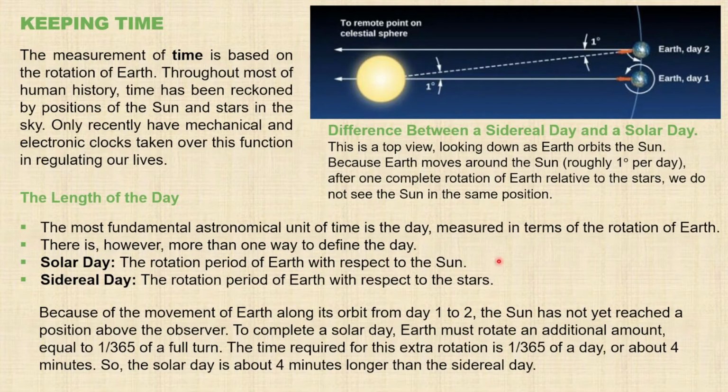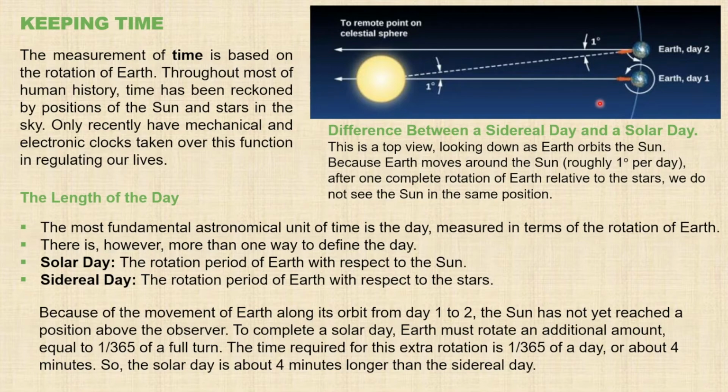However, the only catch is that every rotation, or every day, it takes an extra 4 minutes. The Earth has to rotate an extra 4 minutes every day. And that has a consequence because we measure our year in terms of days.